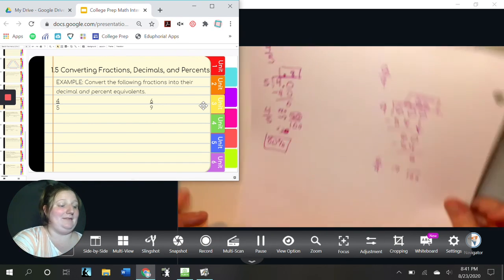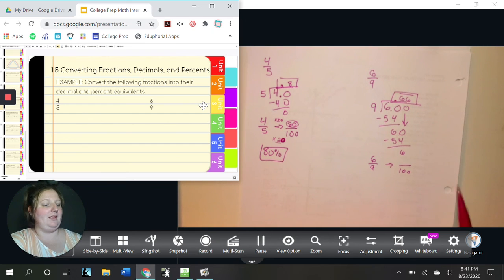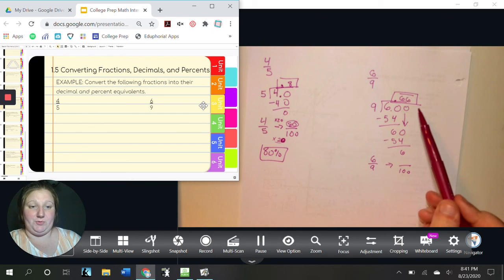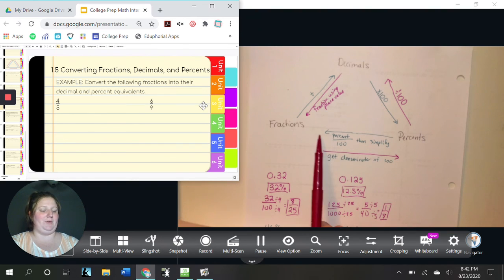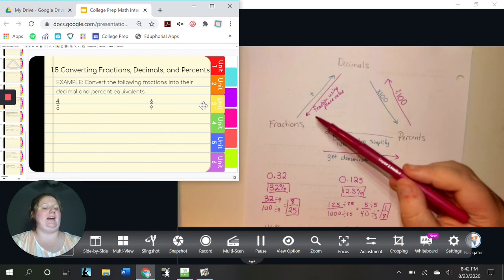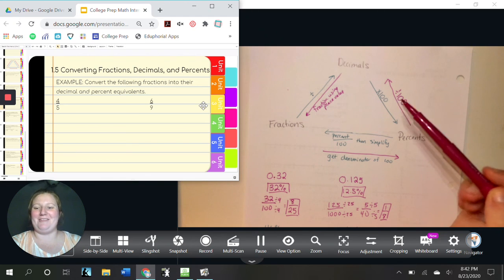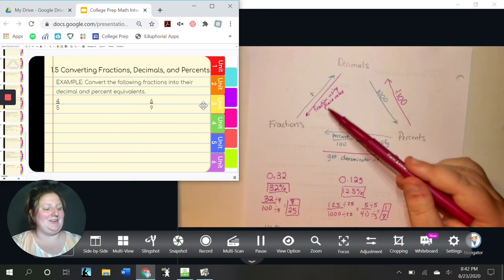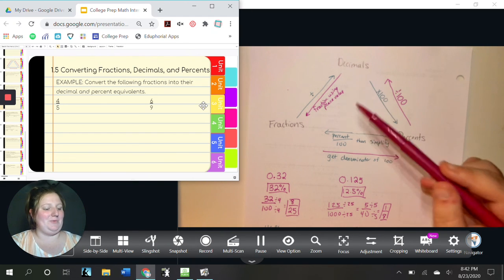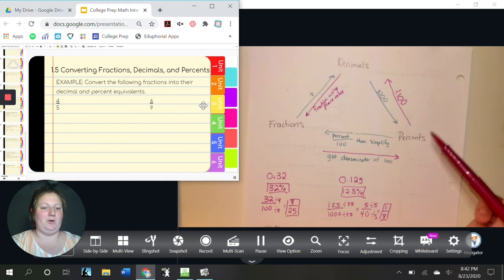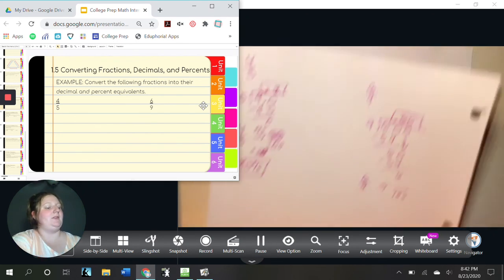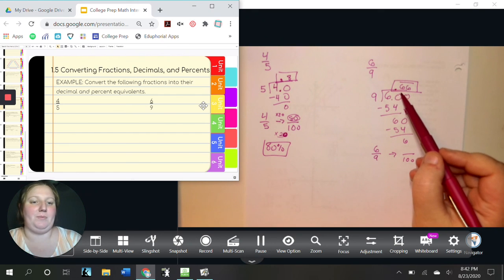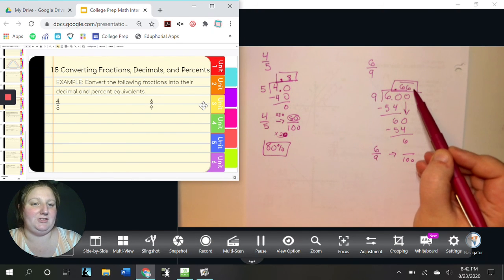So instead, we're going to go up to our decimal, which we know, and change our decimal using that conversion chart. So we couldn't take the short route. We had to go around the block. If you're driving, you couldn't go in a straight line. You have to make it around the block. So we went to a decimal, and from the decimal, we're going to go to a percent by multiplying by 100. What that means with our 0.6 repeating is we move the decimal 2 places to the right.